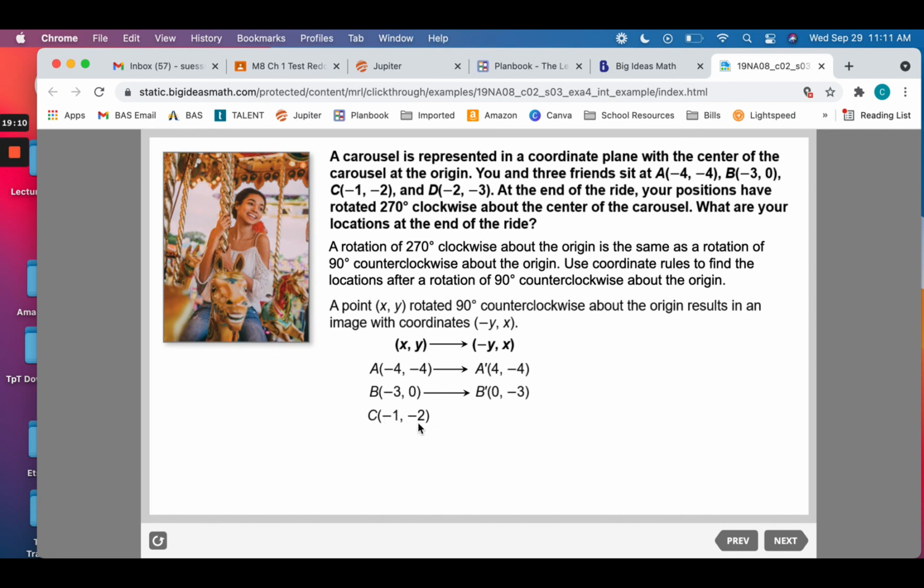The 2 changes to a positive. Oh yeah, I forgot. I hate English. Yup. Okay? My last one, this is my Y value. (+3, -2). Okay, so that's where we ended up after the ride spun us around.